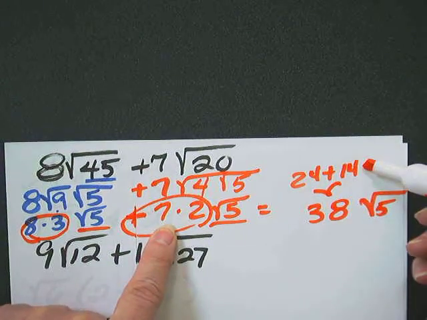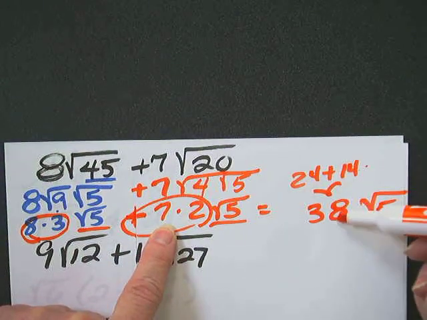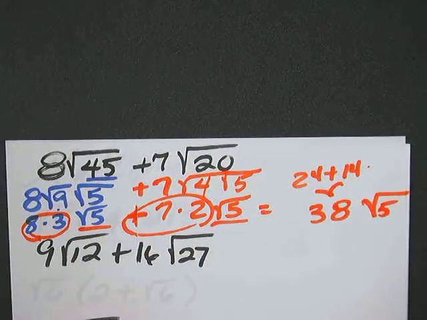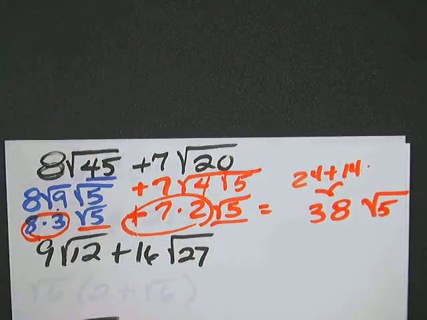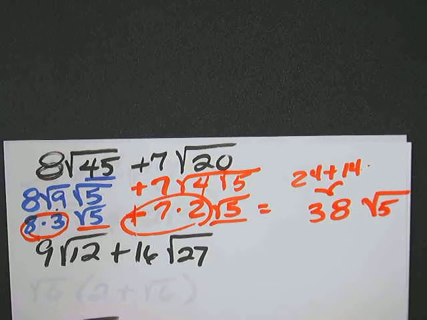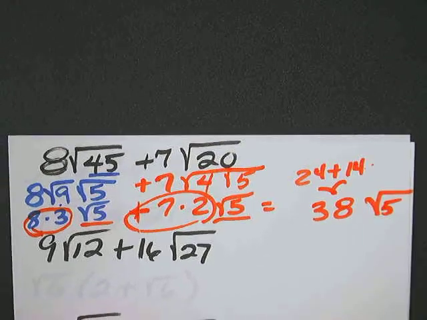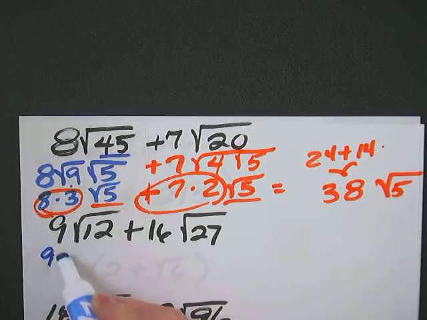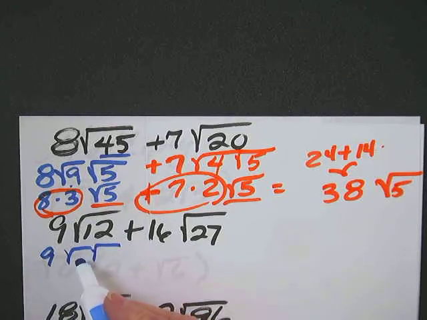Oops, I did that up there where you couldn't see it. So we had 24 plus 14 as our coefficients. Adding those up, we have 38 square root of 5s. So you've got to put what you already know into action to do these.